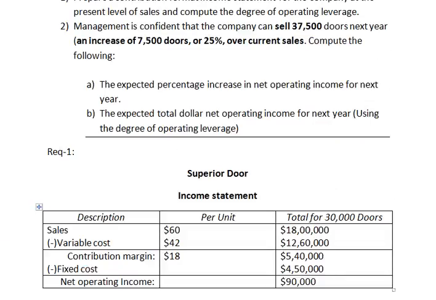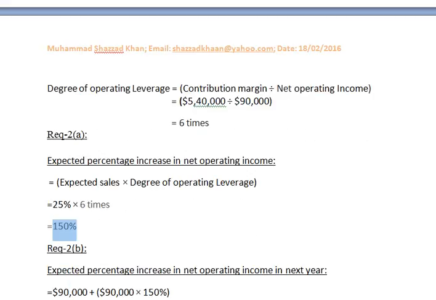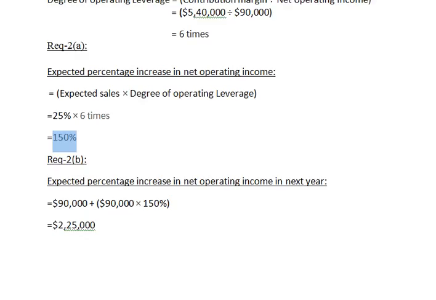Then we are asked to calculate the expected total dollar net operating income for next year using the degree of operating leverage. Here we need to use the expected percentage increase in net operating income, so we will calculate the amount.